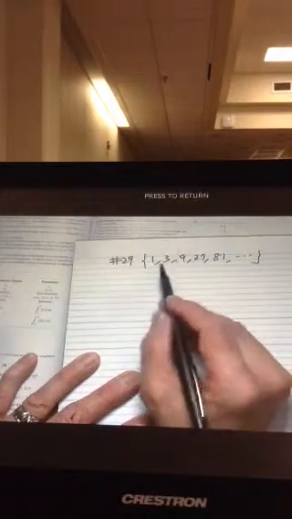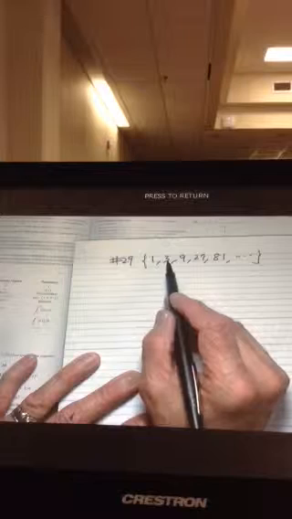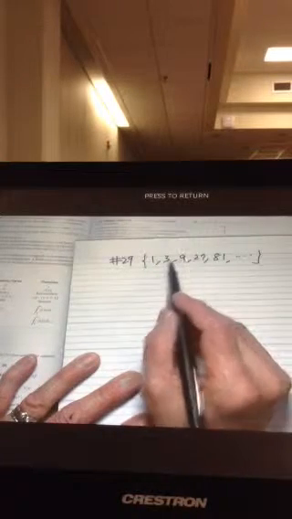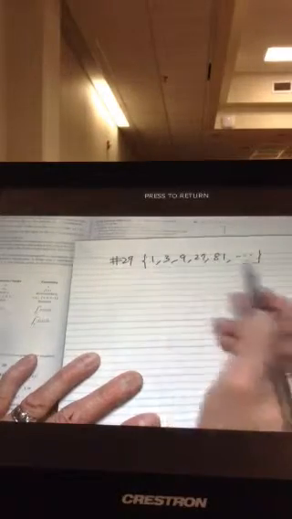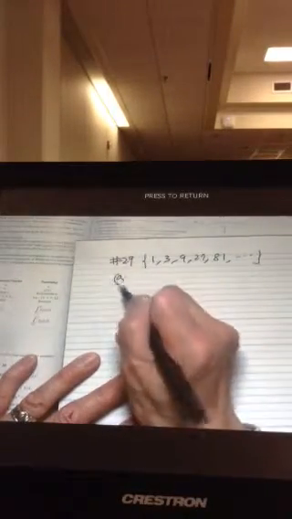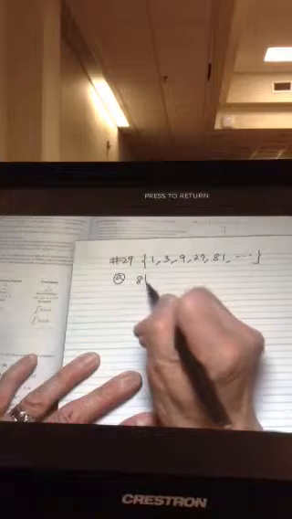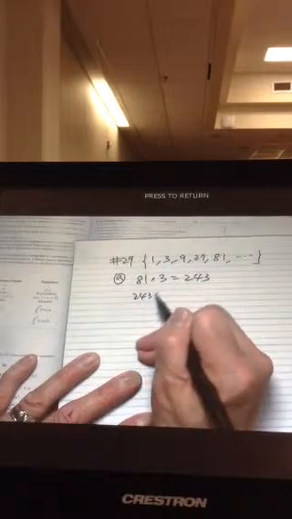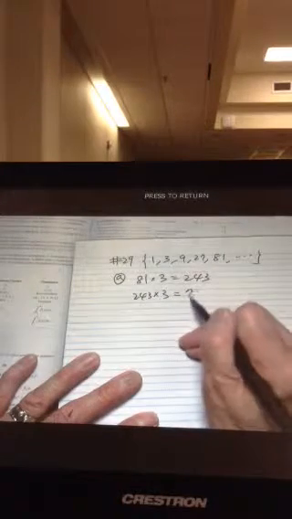If I look at this, 3 is 1 times 3, 9 is 3 times 3, and so on. So I know the next 2. It will be 3 times this, 243, and then the next, 729.